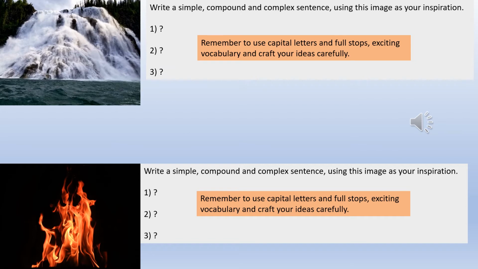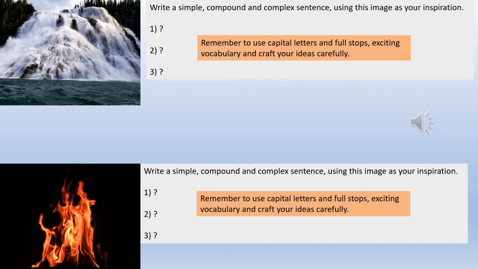Right, we need to put our knowledge of simple, compound and complex sentences into practice. So on this screen, you'll see I have given you 2 very different images. One image of rushing water in a stream, in a river, very cold, very fast, very mobile. And in the second image, I've given you an image of fire, which obviously is very hot. It's also quite stationary.